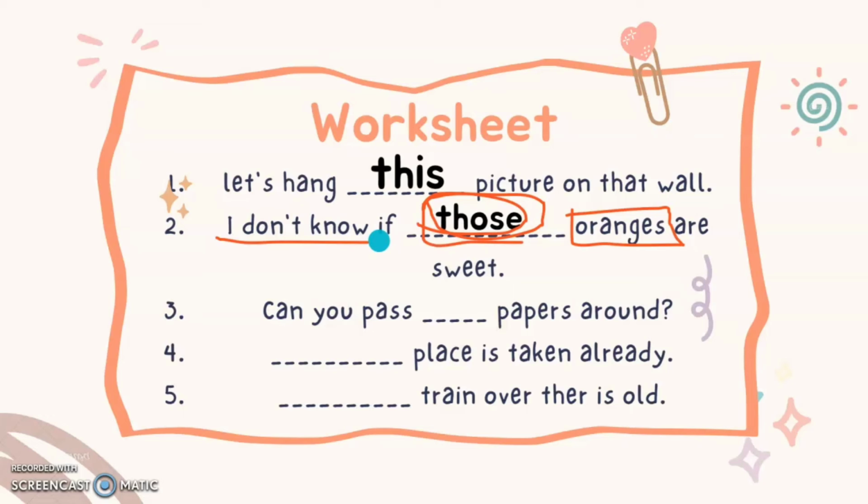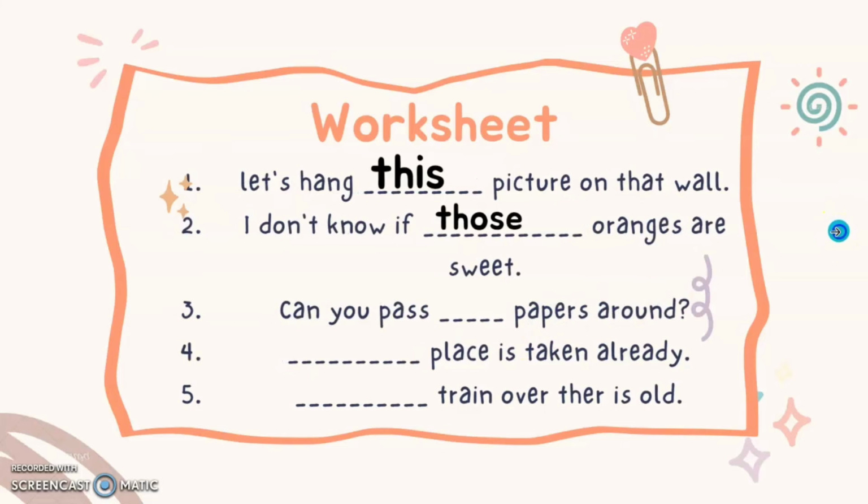For our number 3, "Can you pass blank papers around?" Our answer here is "these." Bakit "these" ang ginamit natin? Kasi our object here is papers. Ano ang papers? Is it singular or plural?